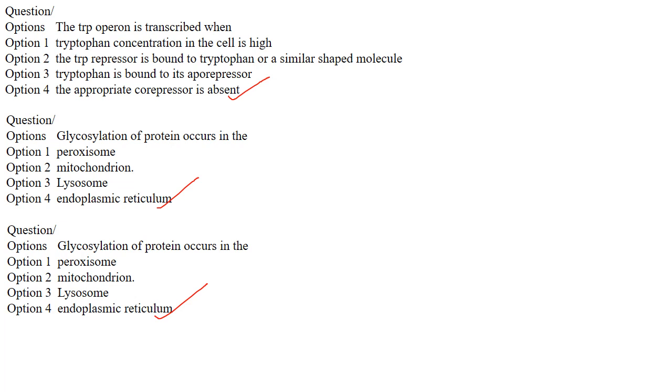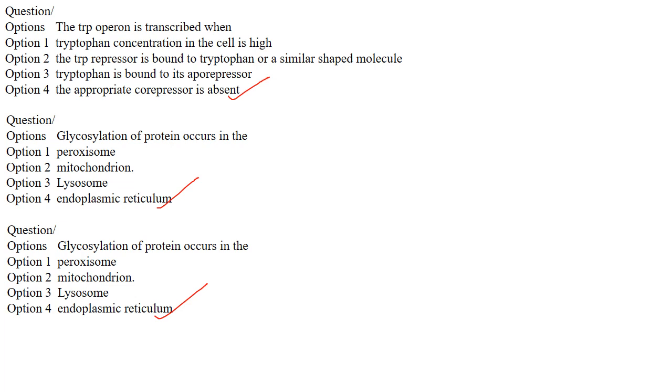Then, the tryptophan operon is transcribed when tryptophan concentration is high in the cell. Then there is no need of any tryptophan biosynthesis. When the tryptophan repressor is bound to tryptophan or a similarly shaped molecule, at that time it will bind to the operator and mRNA will not be synthesized. So there is no transcription of tryptophan biosynthetic genes.